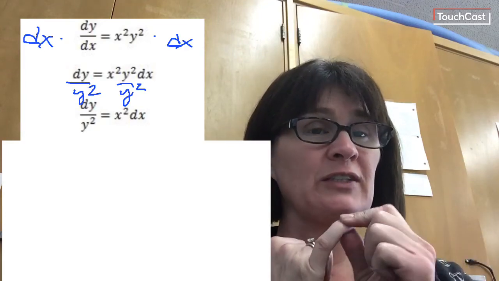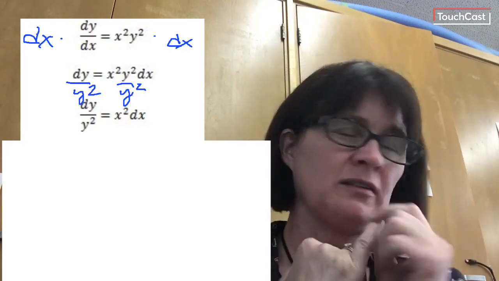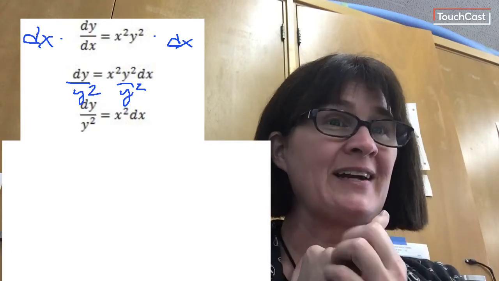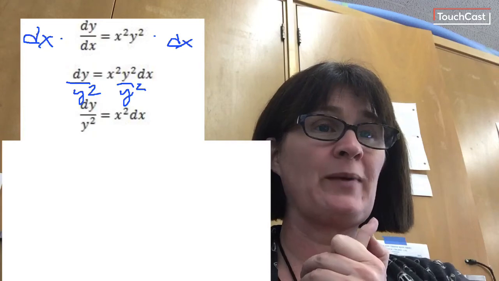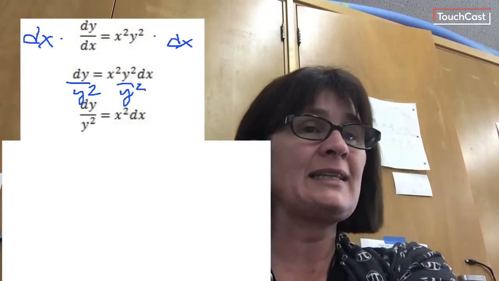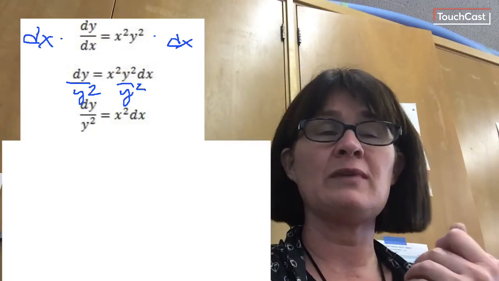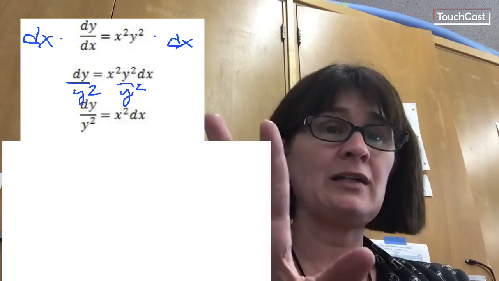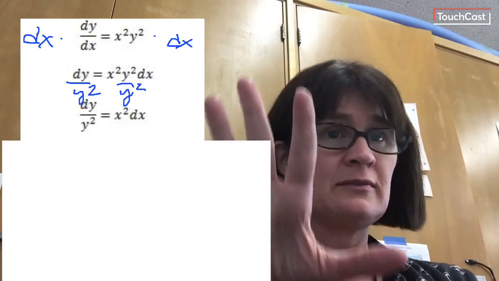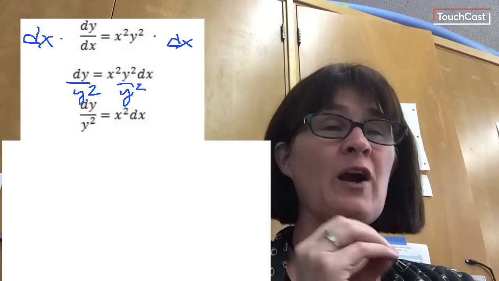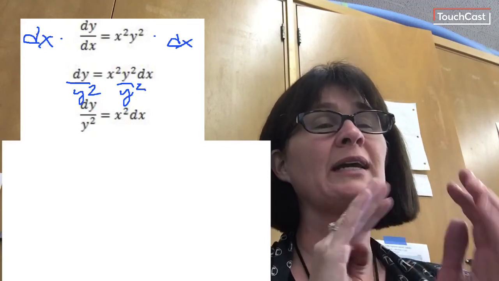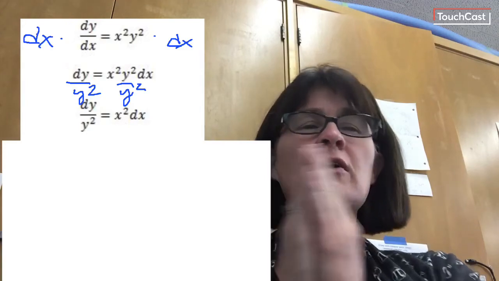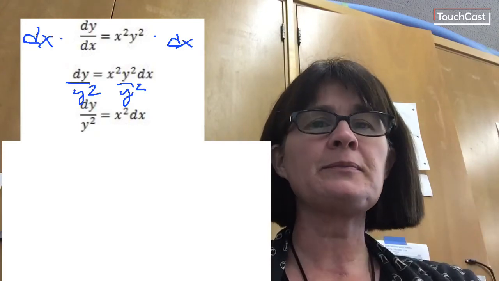If your differential, the dx or the dy, or it might be some other variable, ever ends up in a denominator, something has gone really wrong and you have to go back and fix it. You always want to get the y's on the left, the x's on the right, until you go to college and take a class called differential equations. New rules there, but for our purposes in AP Calculus, when we solve separable differential equations, we want to get all the y stuff on the left, all the x stuff on the right.